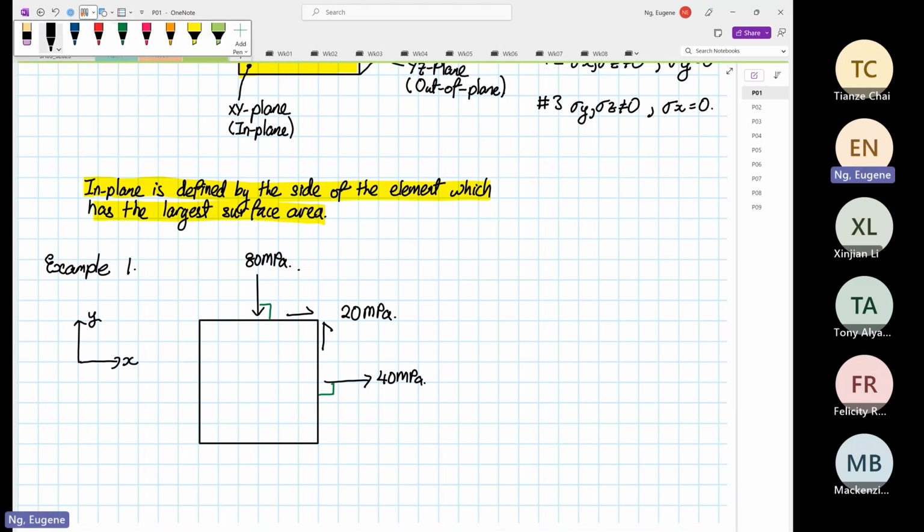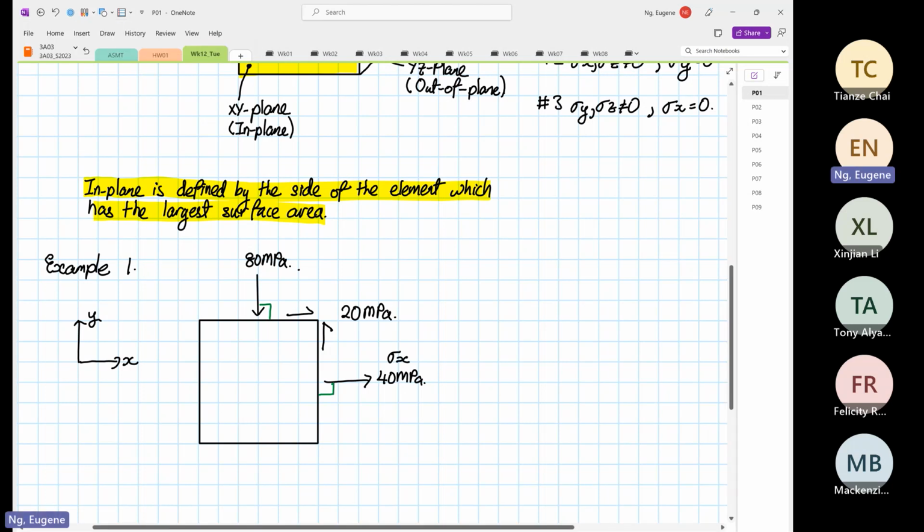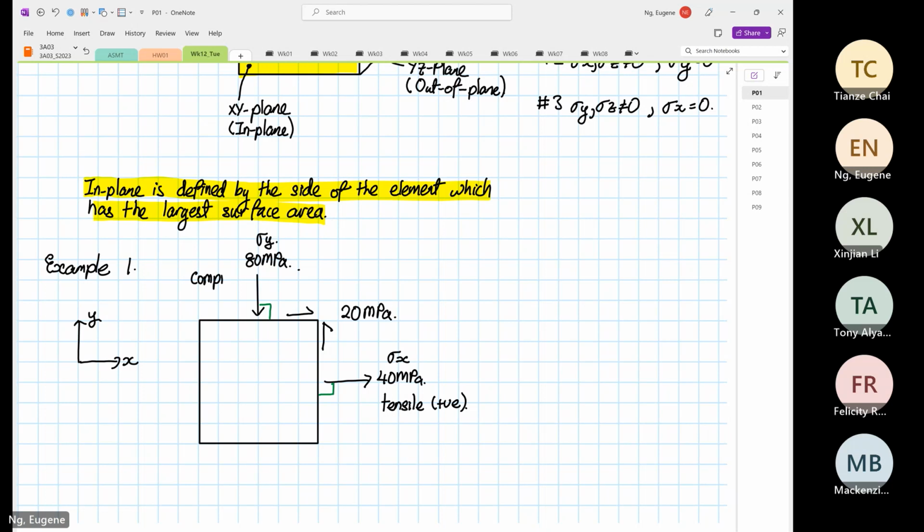So for this case, this is our stress X, and this is our stress Y. When it's pointing away, we call it tensile, and we tend to call it positive. When it's pointing towards, we call it compressive, so it's usually negative.